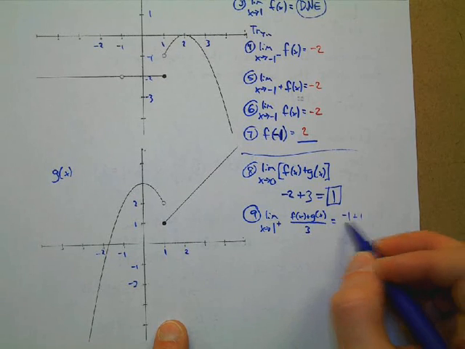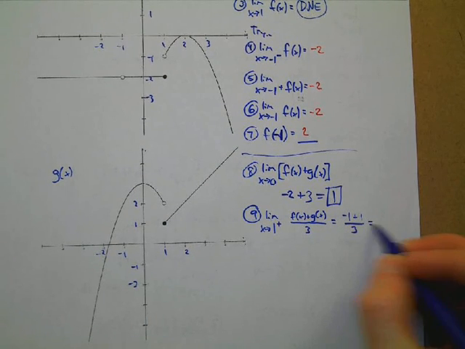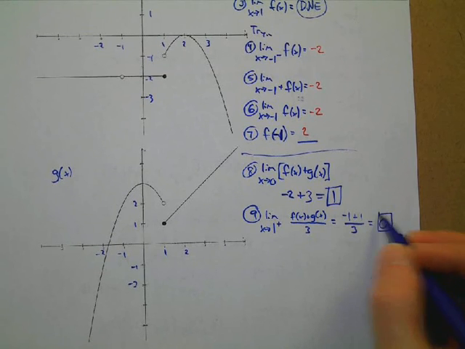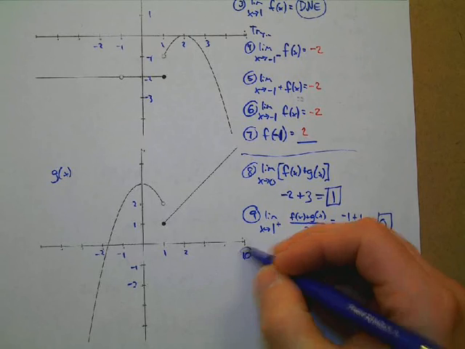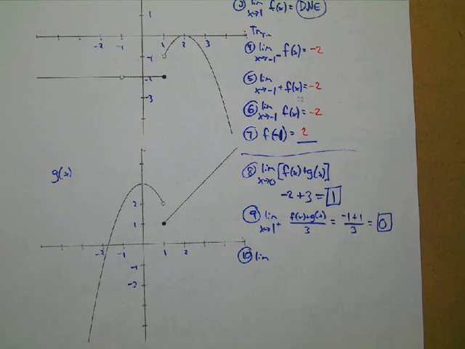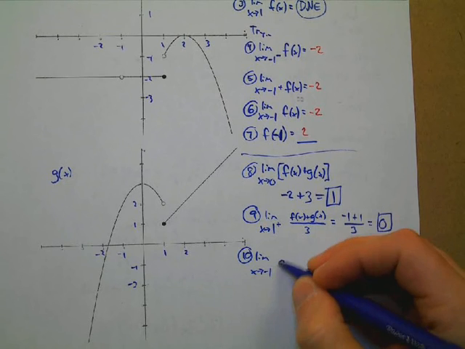Last one here we'll look at. The limit as x approaches -1 of g of f of x. So since f is on the inside, we should evaluate the limit as x approaches negative 1 of f.